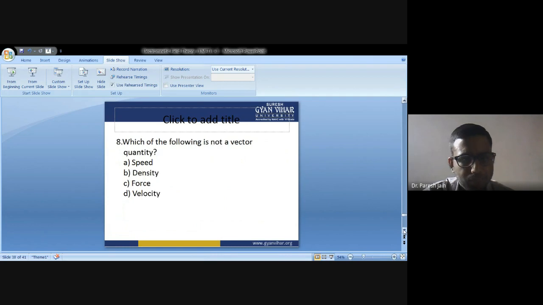Eighth question: which of the following is not a vector quantity? Speed, density, force, velocity.